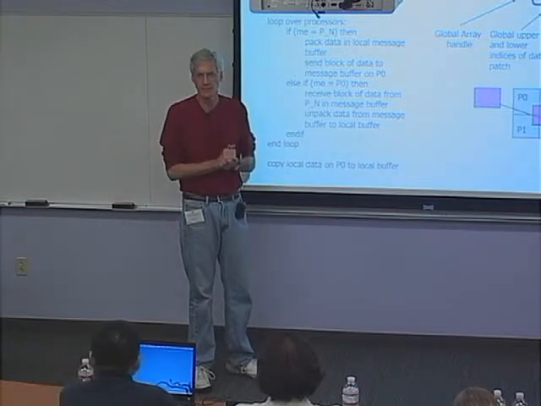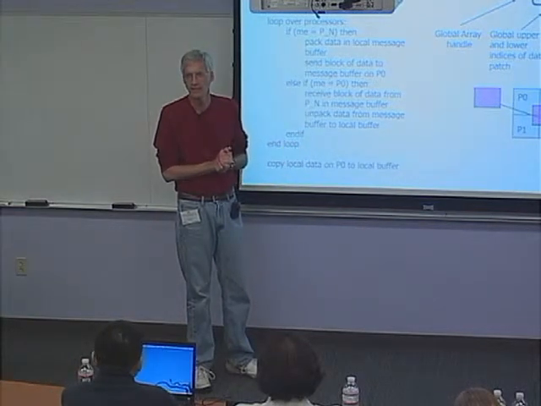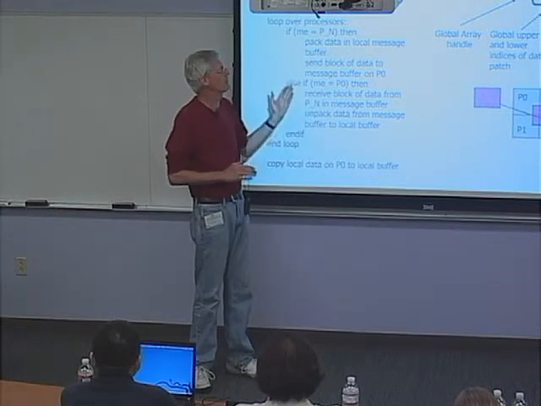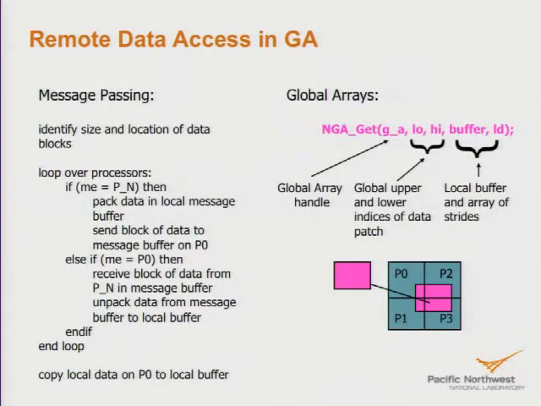Is that the blocking operation? No, it isn't. Well, okay, take that back. Get is a blocking operation in the sense that you call get and then when it returns, the data is in the buffer and it's ready to go.